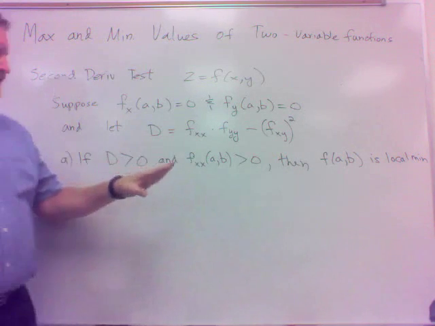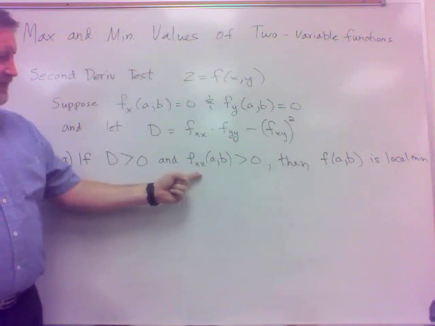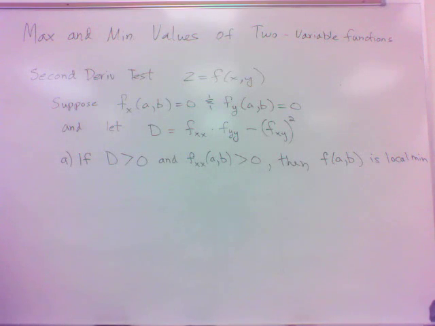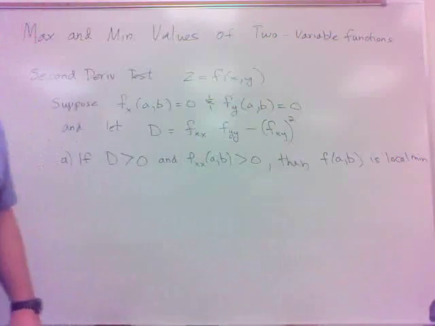And you can think of it this way. The second derivative with respect to x, both times, that's the concavity in the x direction. fyy is the concavity in the y direction. So if that is greater than 0, then f of (a, b) is a local min.